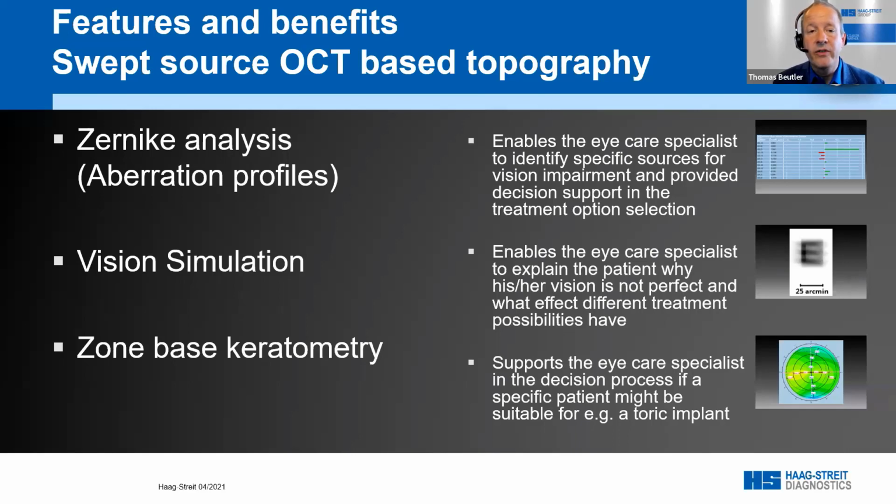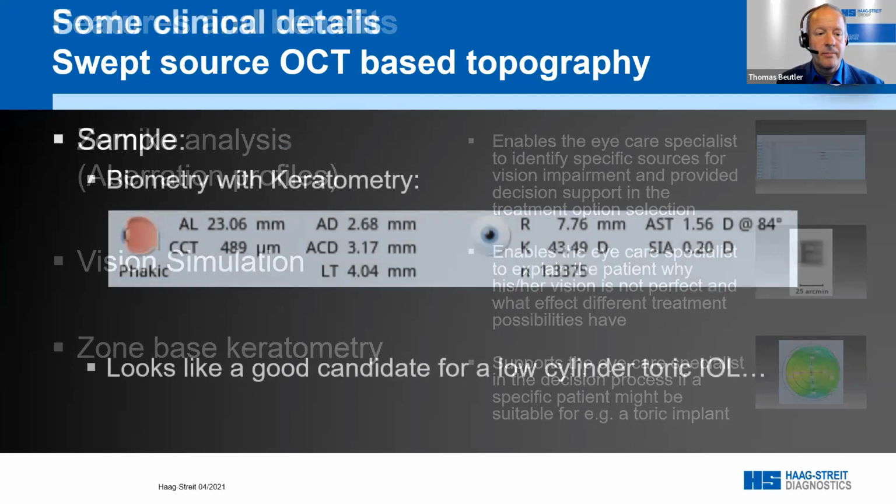And the zone-based keratometry gives you improved information on the regularity of an astigmatism, for example. So you see if everything is nicely consistent throughout the entire cornea, from the central 3 to the intermediate 5 to the peripheral 7 millimeter zone. That's all there for the implantation.